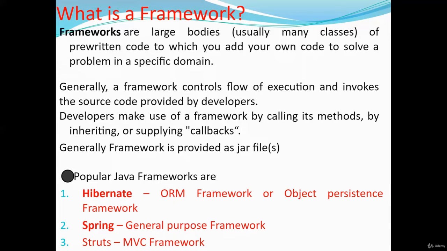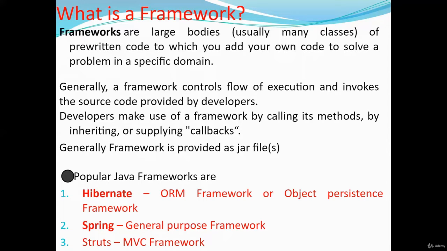Whenever you are saving data, you might have seen in JDBC that you take each field and put it in the database table record. Similarly, when you retrieve, it is your responsibility as a developer to retrieve each record, fetch each field from it, and create an object. So you write the code for all these things.